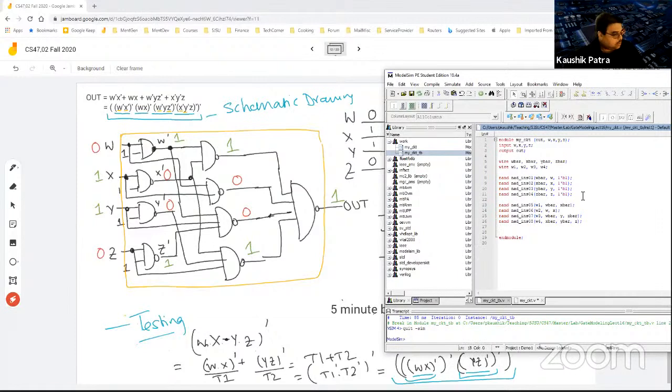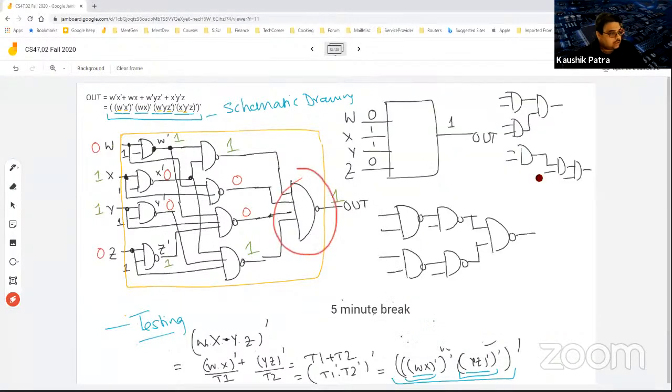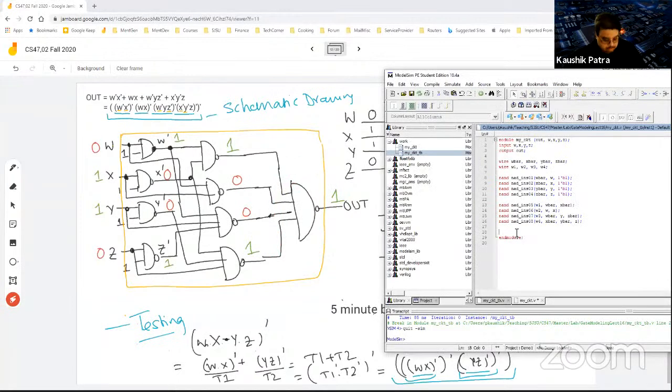Now the last NAND, this one is NAND 9. Okay, my output is the NAND between W1, W2, W3, W4. Okay.